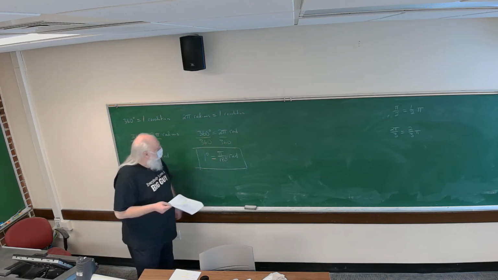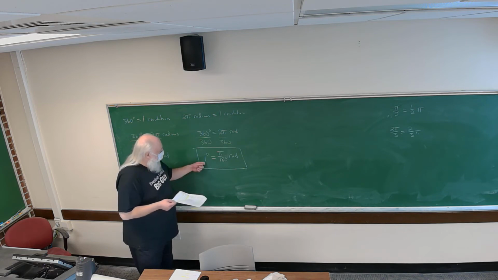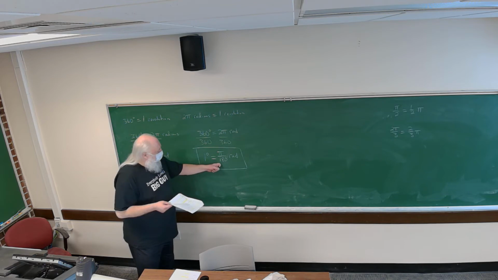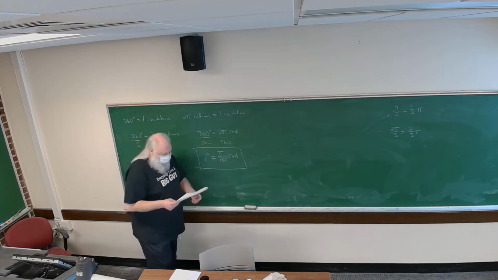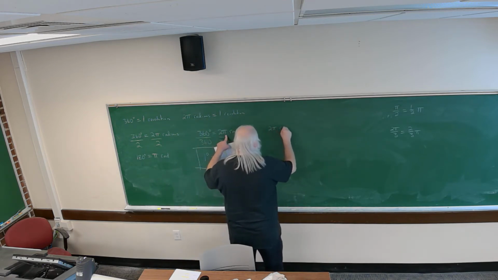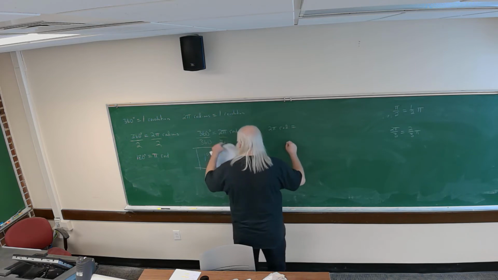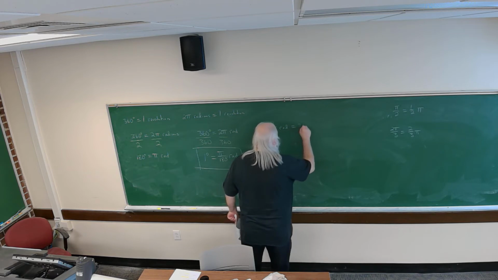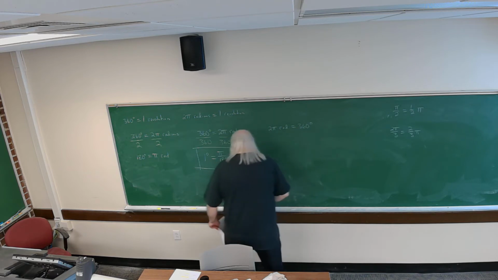So we divide both sides by 360, right? We get 1 degree and pi over 180 radians, right, are the same angle. And then, taking our original equation and switching the two sides of the equal sign, we have 2 pi radians equal to 360 degrees.